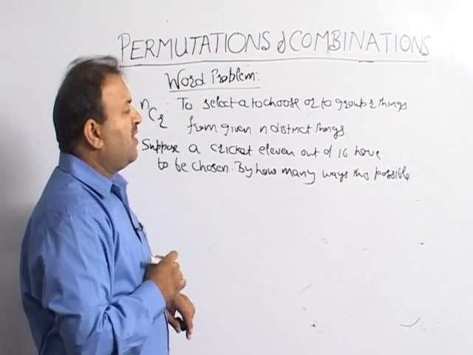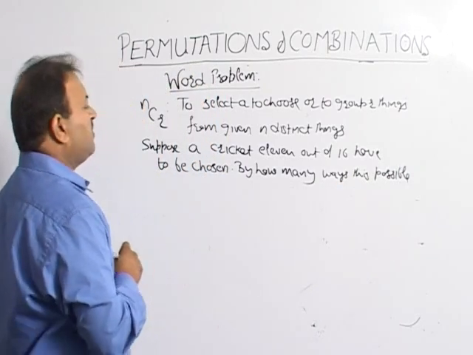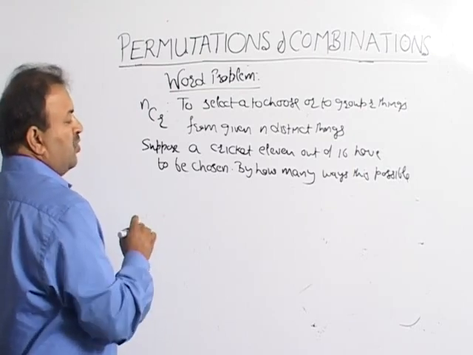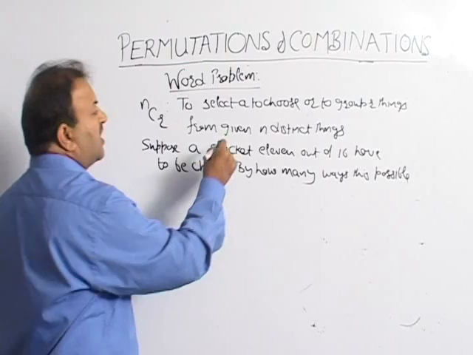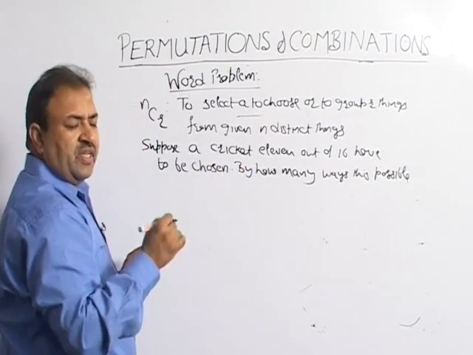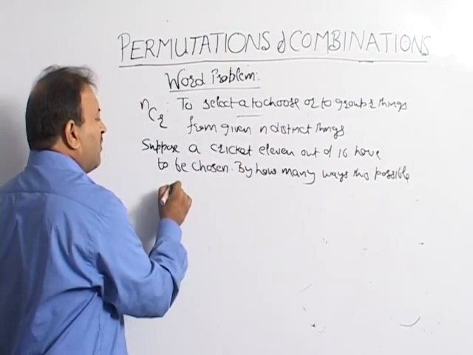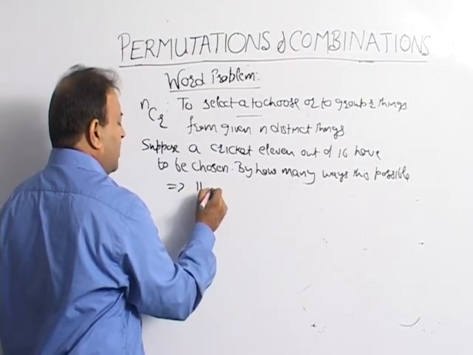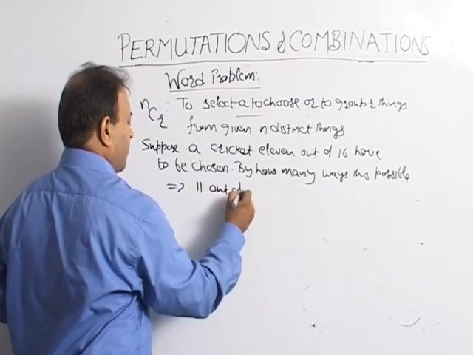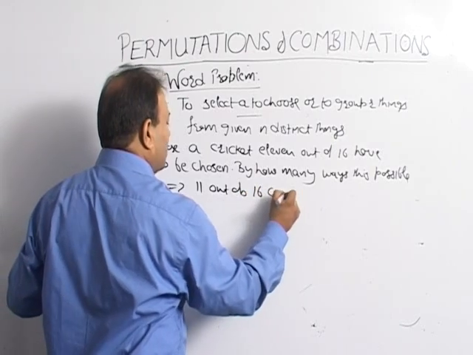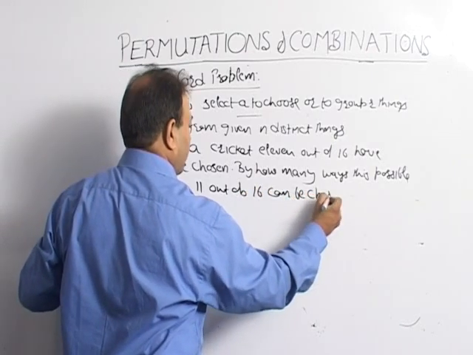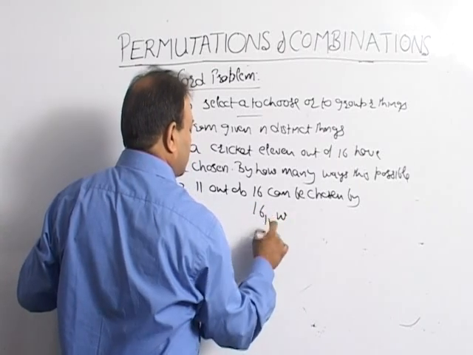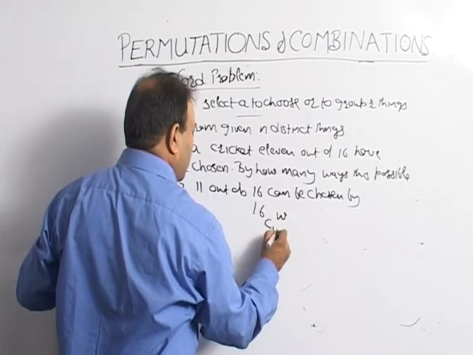Suppose a cricket 11 out of 16 have to be chosen. So यहाँ पे क्या है? We are selecting a team out of 16. So that means यहाँ पे we can say 11 out of 16 can be chosen by 16C11 ways.